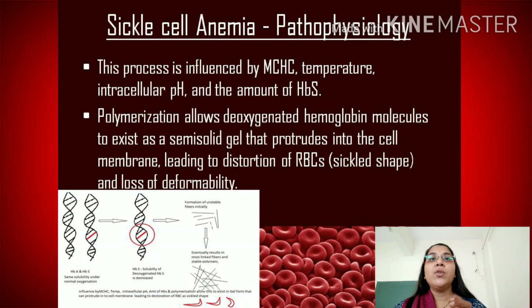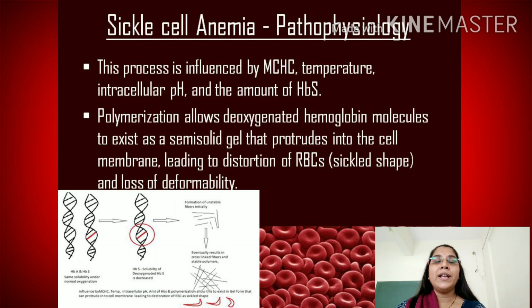The hemoglobin which is not solubilized and gets saturated forms stable polymers, and this polymerization allows the deoxygenated hemoglobin to exist as a semi-solid gel, and this gel is able to protrude into the cell membrane of the RBC. When it protrudes, it leads to distortion of the RBC, producing a sickle-like shape.